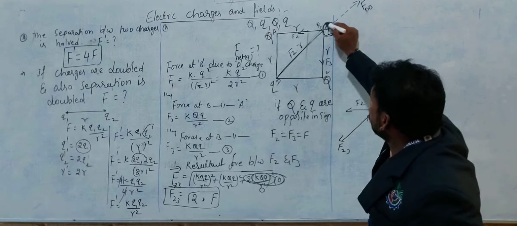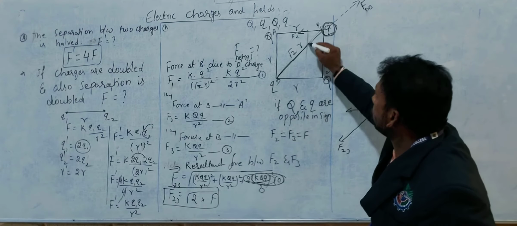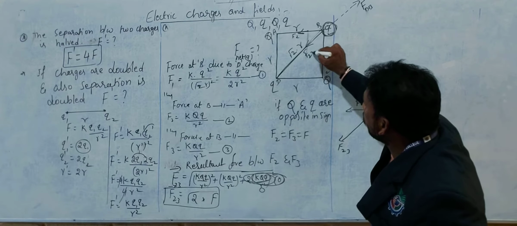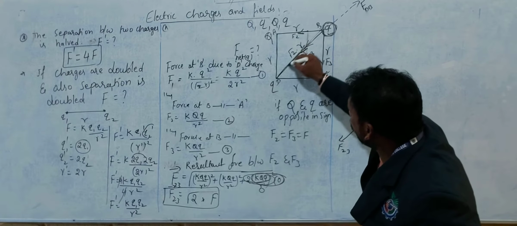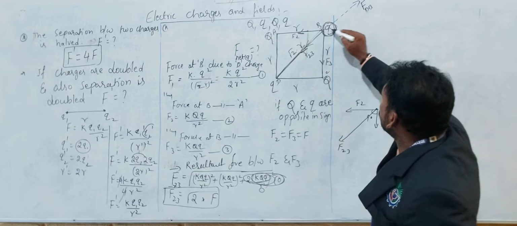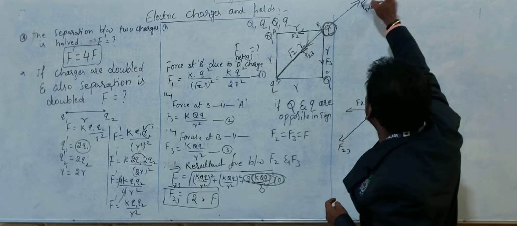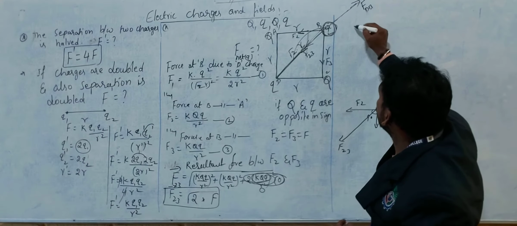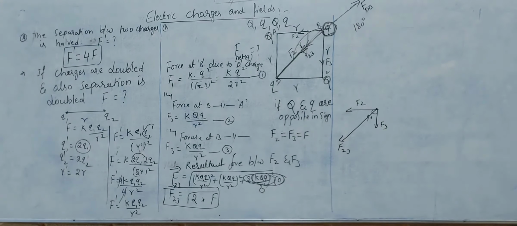Therefore, the net resultant force on Q: F23 is acting in this direction towards D, but FDB is acting in outward direction. Therefore, the angle between these two is 180 degree.